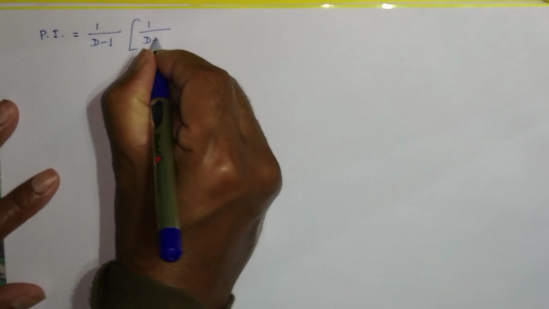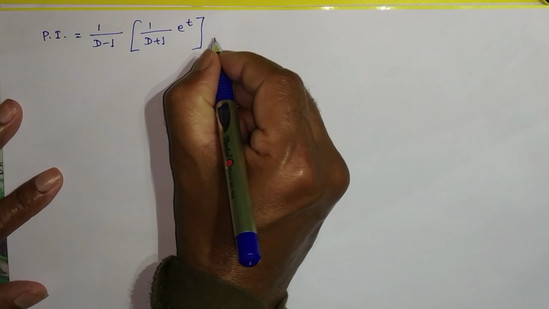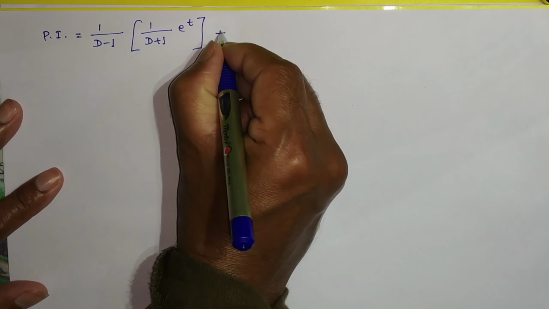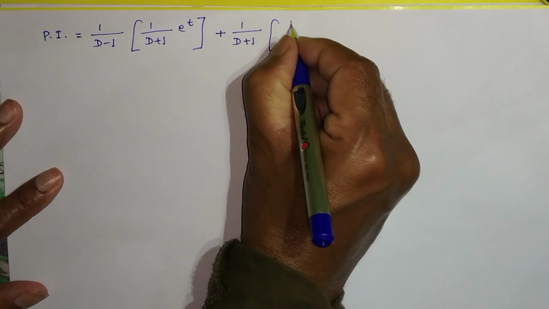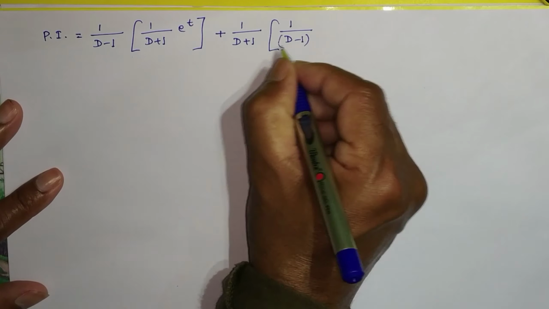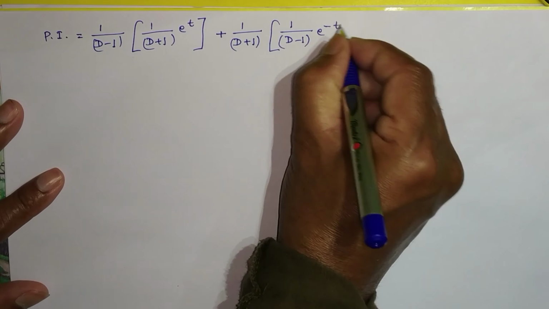Now 1 upon (D plus 1) e raised to t, what can be written? 1 upon (D minus 1) 1 upon (D plus 1) e raised to t plus 1 upon (D plus 1) under bracket 1 upon (D minus 1) e raised to minus t.